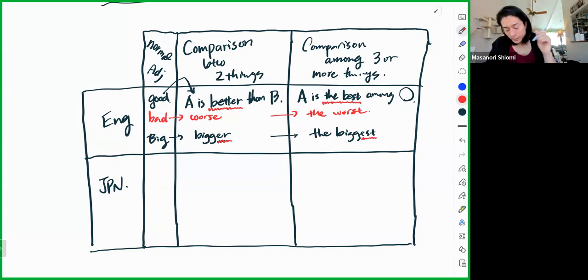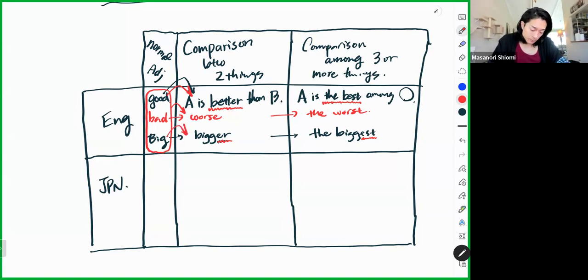How do we do this in Japanese? Well, good news is that we don't need to change the adjectives. Just like in English, we did need to change good to better, and the best, bad, worse, the worst, big, bigger, the biggest.